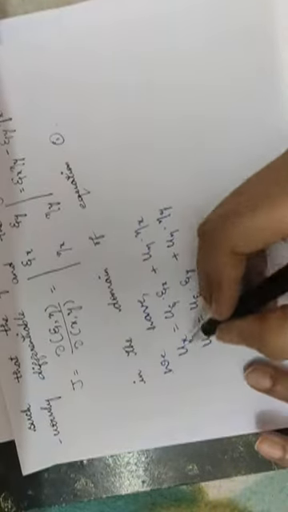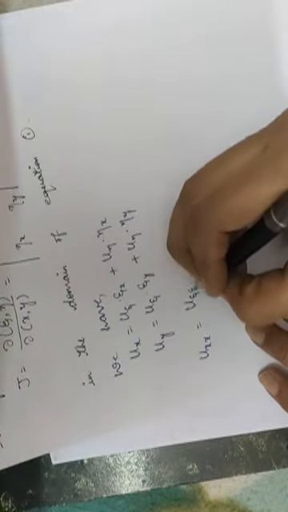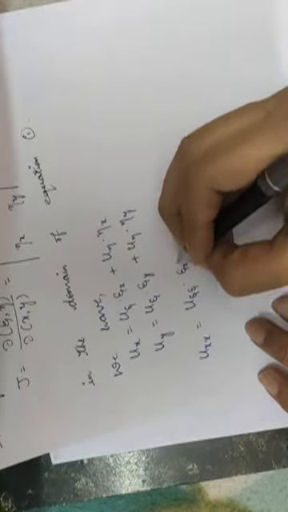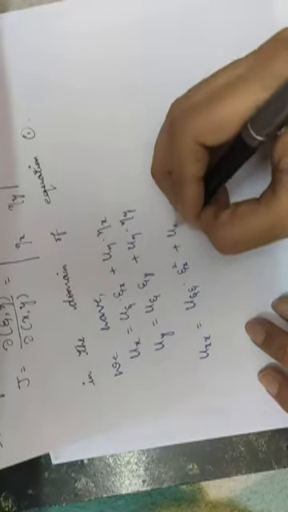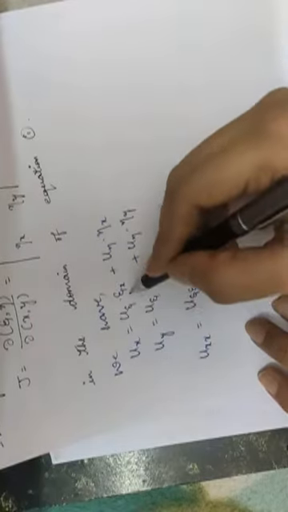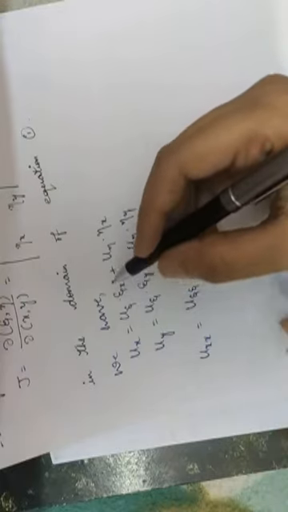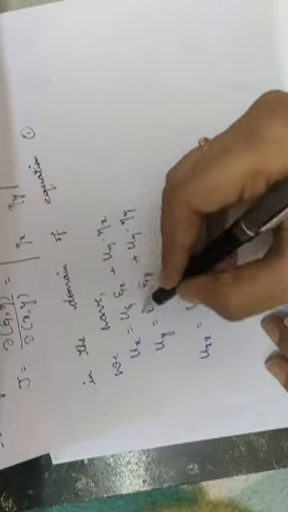if you differentiate ux with respect to x, you will get u xi into xi x square plus u xi into xi xx. I'm just using the product rule of differentiation. I'm differentiating this term.